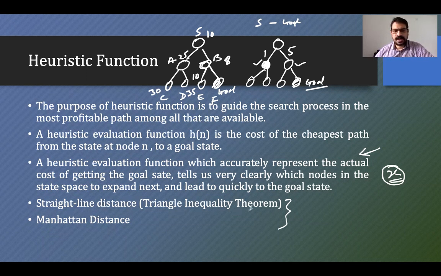It is also called triangle inequality theorem. And then we have Manhattan distance. So we'll see these two methods one by one to find out how we can have the heuristic value. Okay.